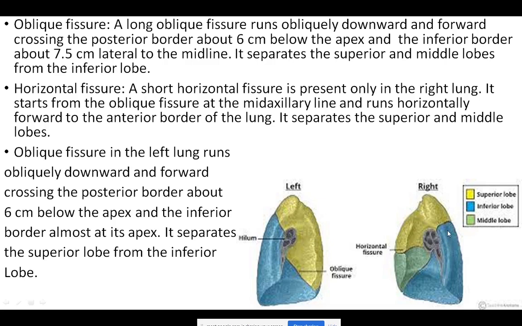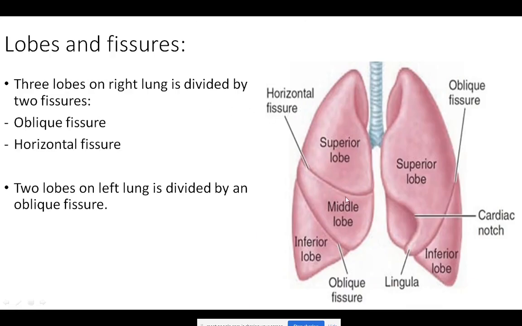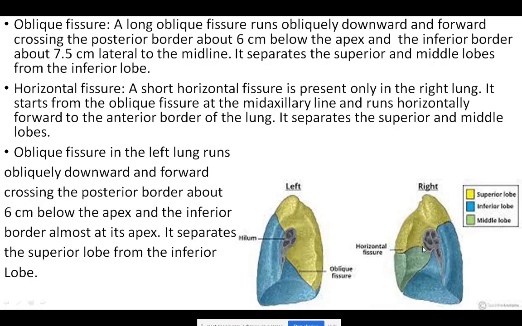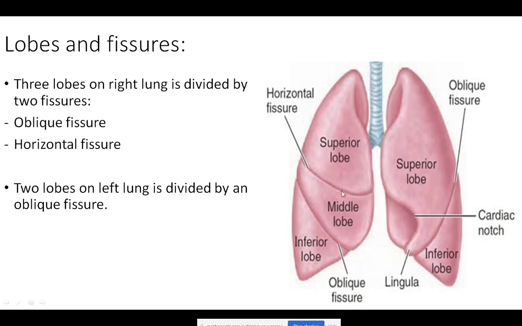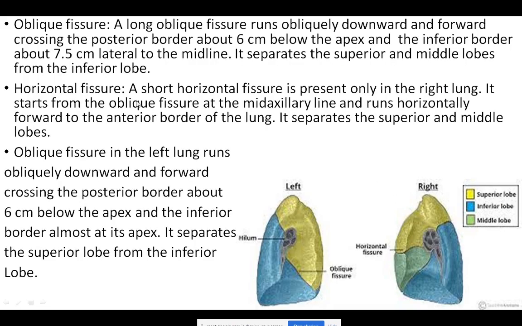Okay, then the horizontal fissure. This is the horizontal fissure. It is only present on the right lung. Okay, over here it extends like this from the medial surface of the lung, it extends anteriorly in this way. A short horizontal fissure is present only in the right lung.